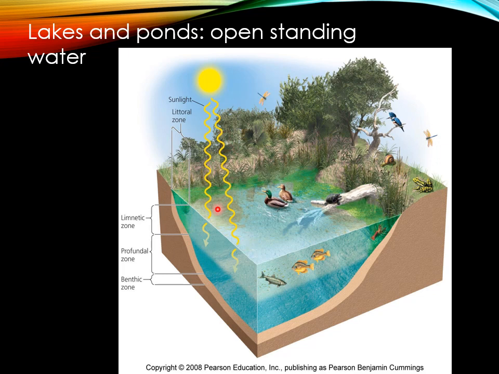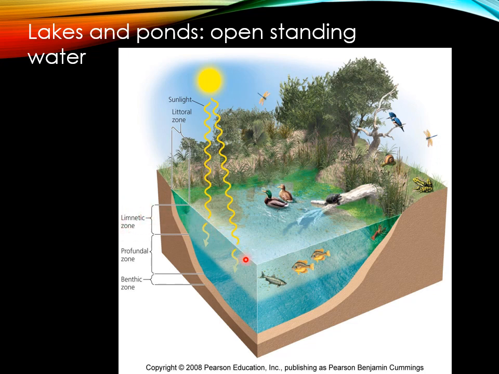So if we look at this diagram, here's sort of the edge of the pond. And so that edge where the water is just pretty shallow and meeting up with the land is called the littoral zone. I always remember this because I think there's litter around the littoral zone, but that's on the edge. And then as you go further out into the pond, you have the limnetic zone.